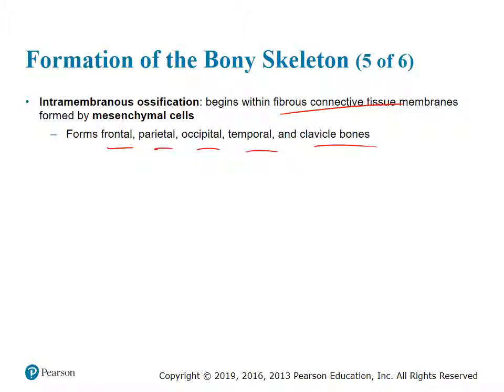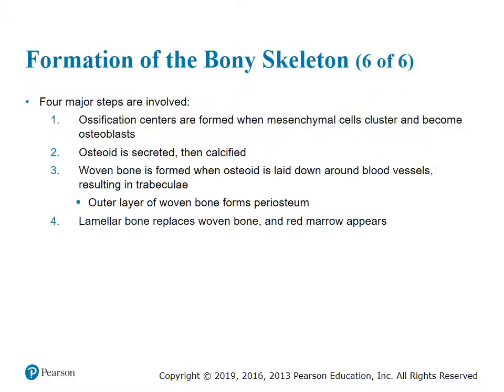The first four of which are the skull bones, and the clavicle is also known as your collarbone. These all form through intramembranous ossification, and we began with those being the mesenchymal cells, right? And so there is also a four-step process there for intramembranous ossification, and we see that there as well.